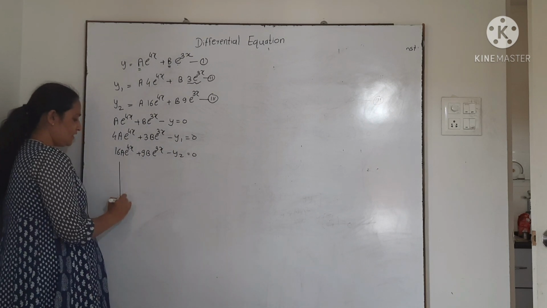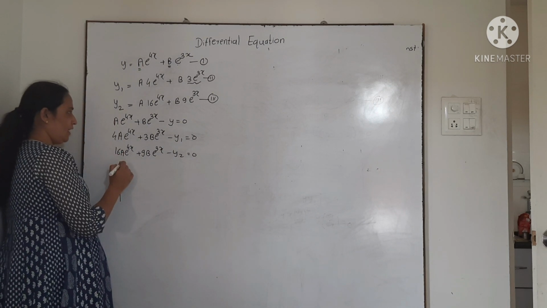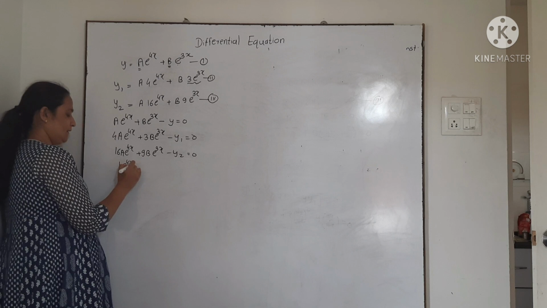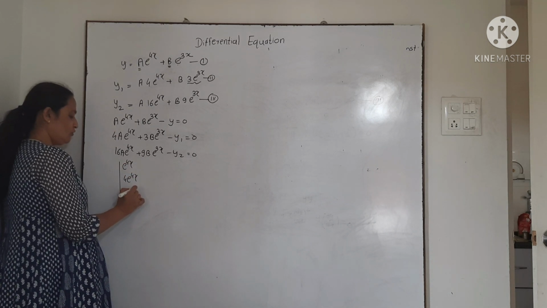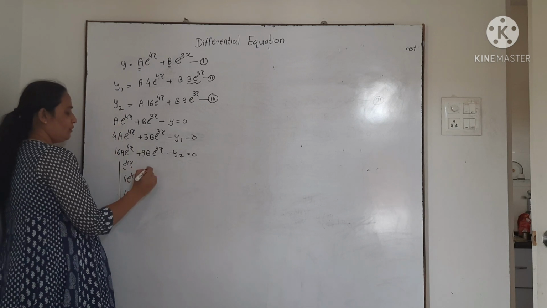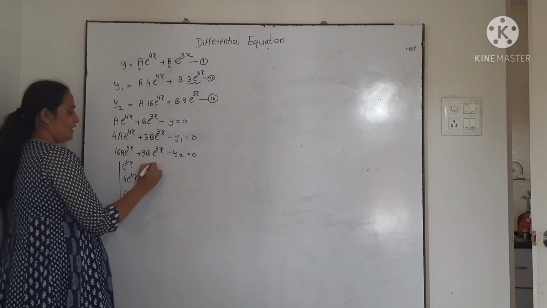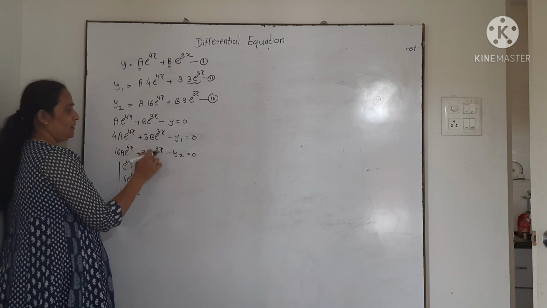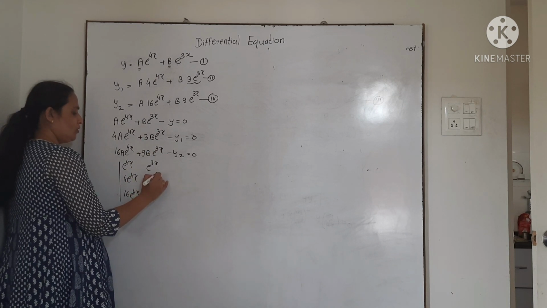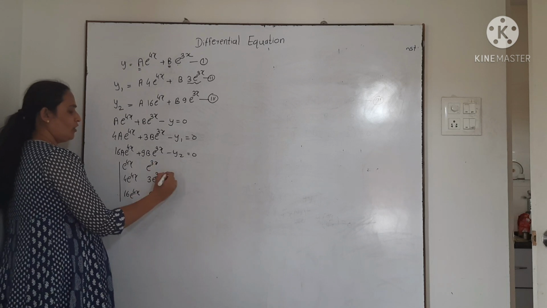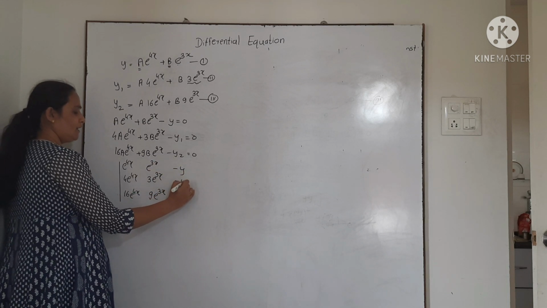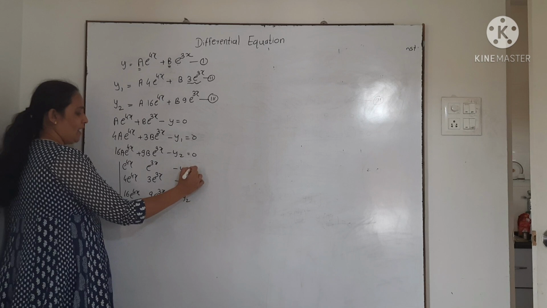If you write this in determinant, coefficient of a, that is e raised to 4x, 4 e raised to 4x, 16 e raised to 4x. Similarly from the second column we can say e raised to 3x, coefficients of b, 3 e raised to 3x, 9 e raised to 3x, and last column will be minus y, minus y1, minus y2, and it is equal to 0.